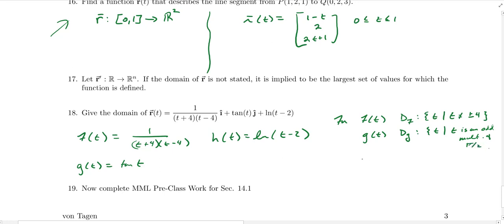And then for our third component function, we have that its domain is the set of values t such that, and now we can only take the natural log of positive numbers, so we need t to be greater than 2.